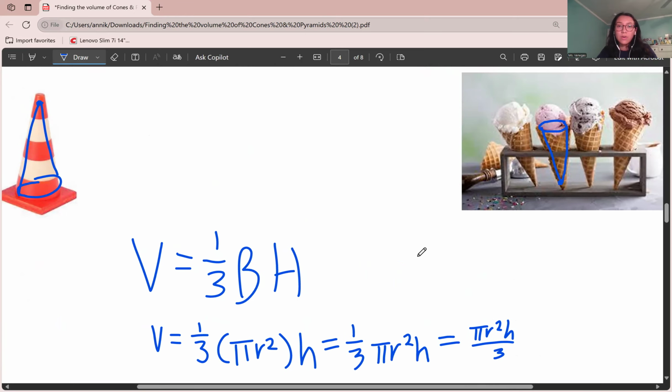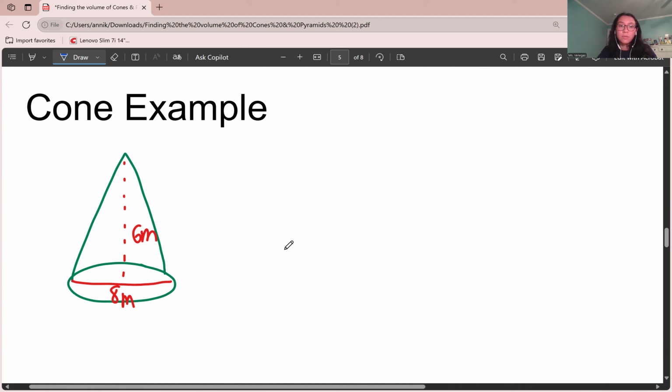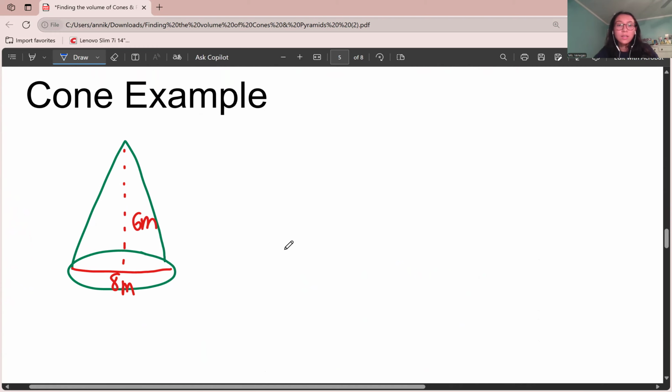Okay, so now we have another example to go through. This is an example for cones. We're going to label our measurements. I see that our height is 6 meters, and this time, let's pause and figure out what formula we need to use.